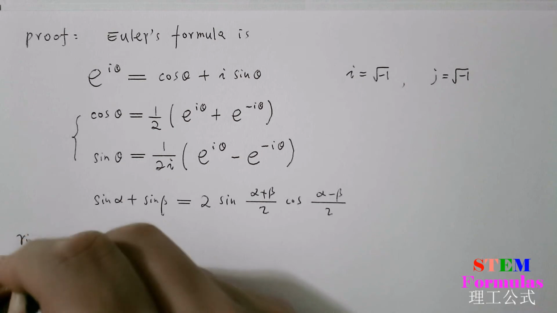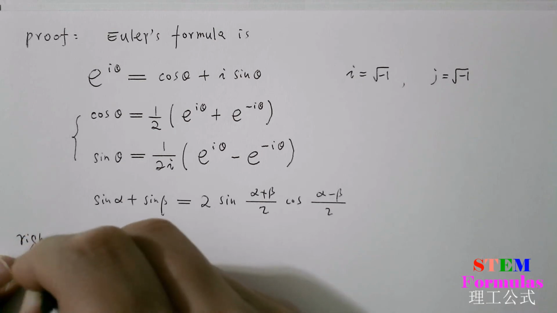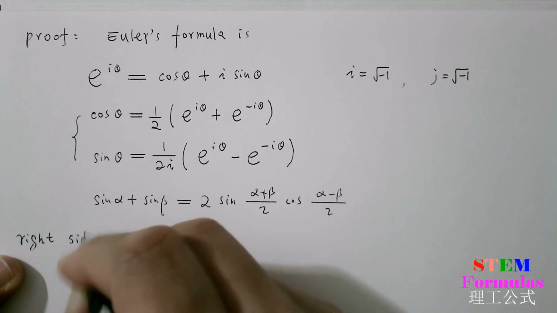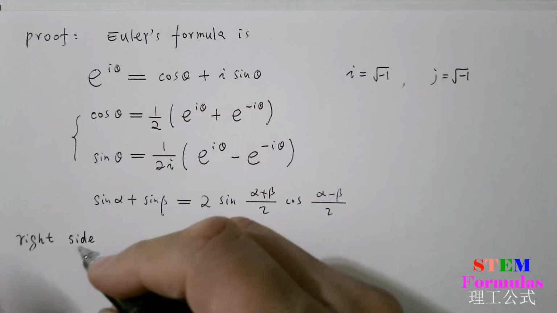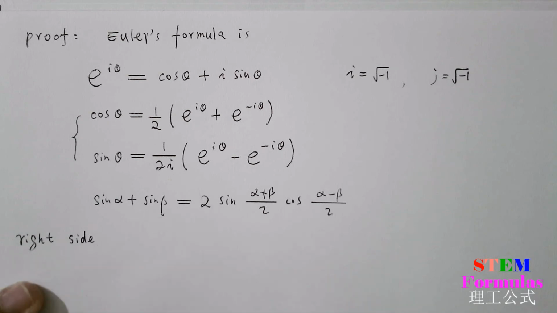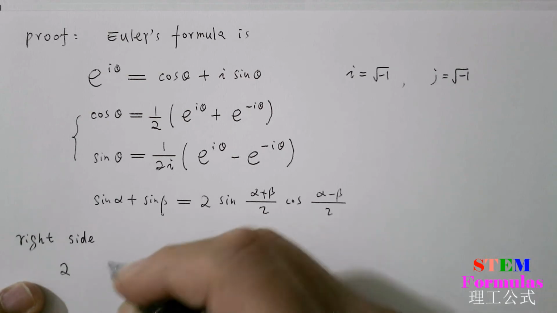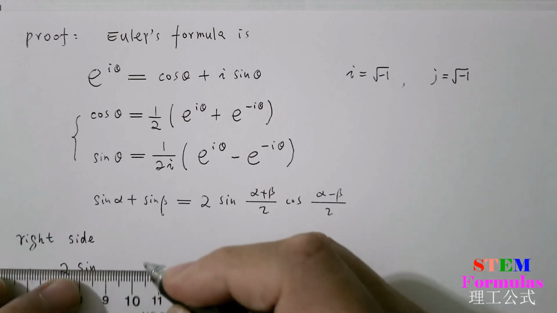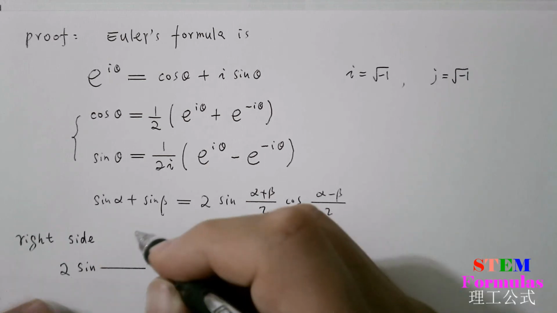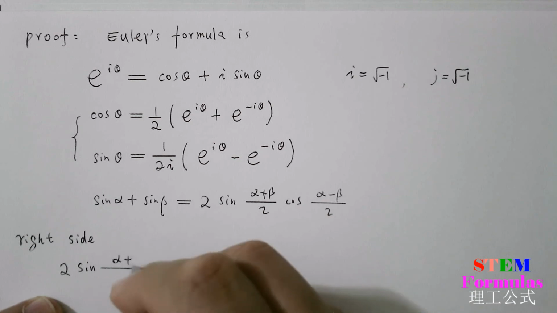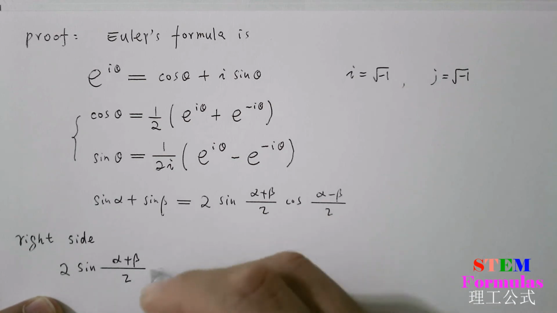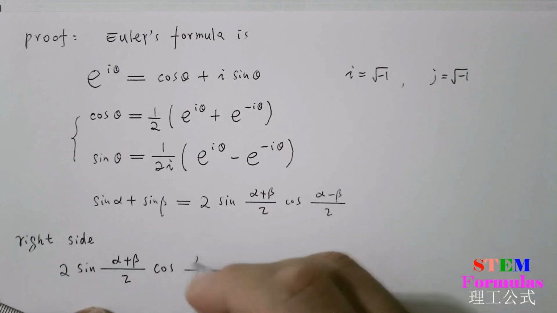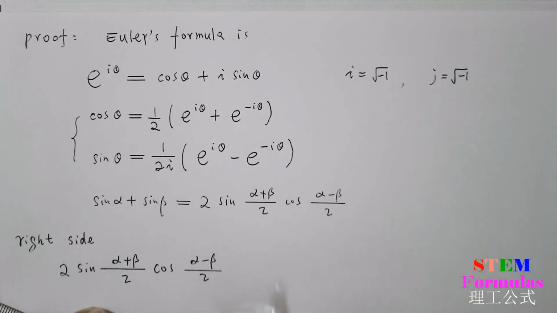So the right side of this equation equals 2 times sine of (alpha plus beta) divided by 2 times cosine of (alpha minus beta) divided by 2.